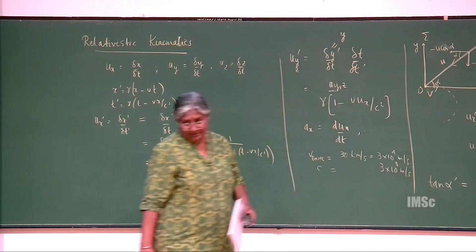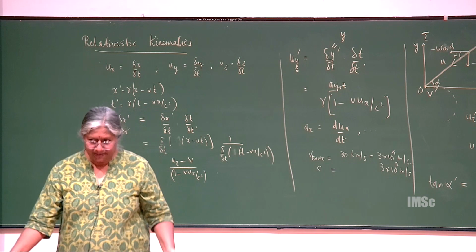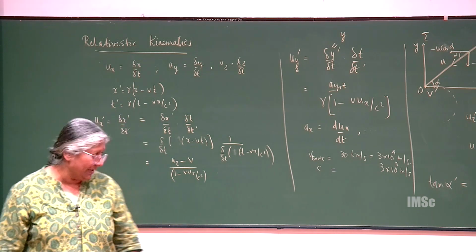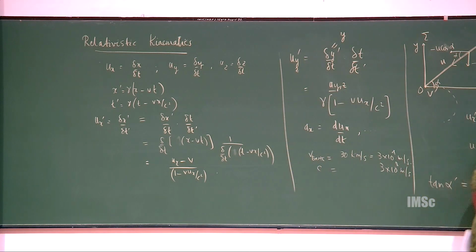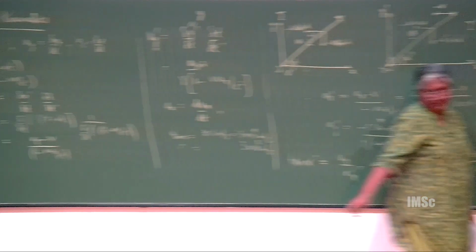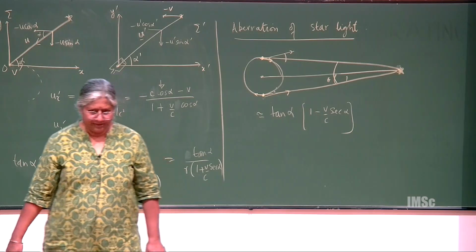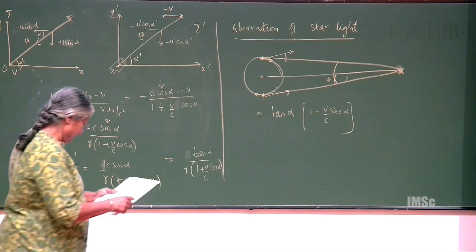So the v by c is 10 power minus 4. So gamma is effectively 1, right? So I can drop gamma, and because v by c is small, I have expanded 1 by 1 plus x as 1 by 1 minus x in the numerator, right? All this is okay, no problem?